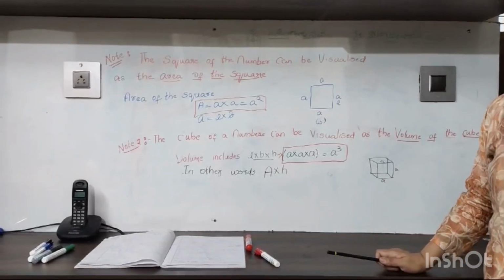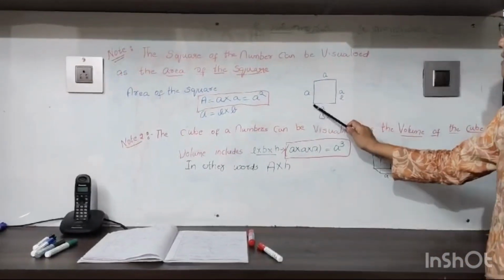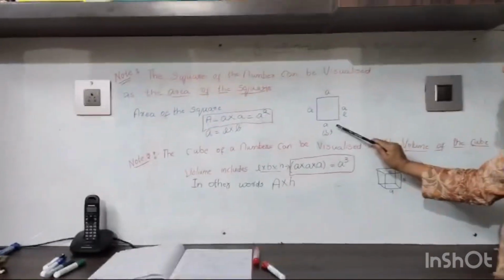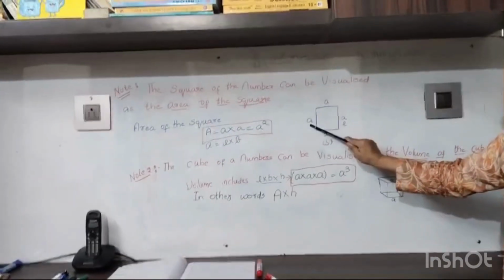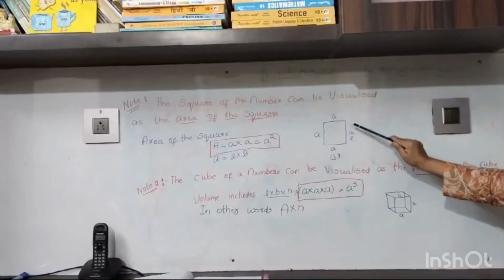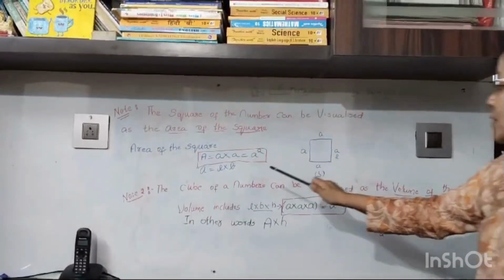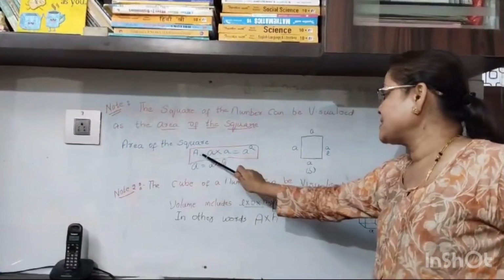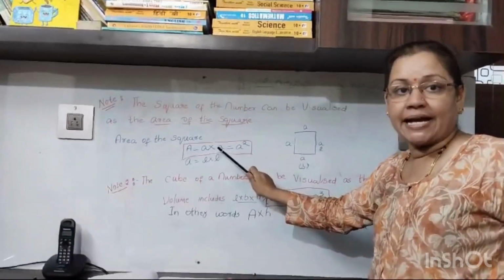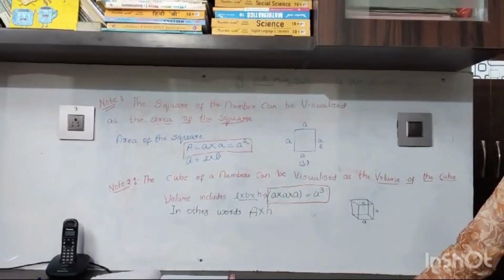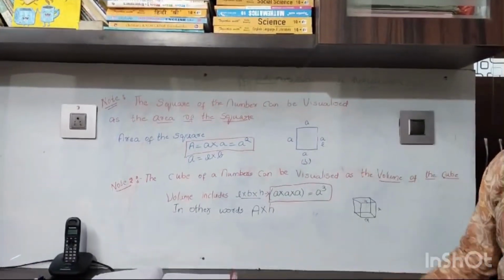You have to keep that in mind. So this is length and this is breadth. Area of the square is equal to length into breadth, which is A into A, which is equal to A square. This comes as the square of a number.